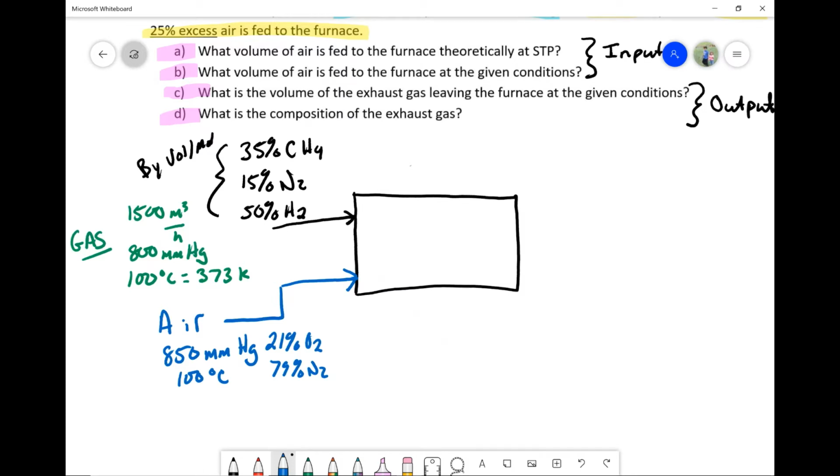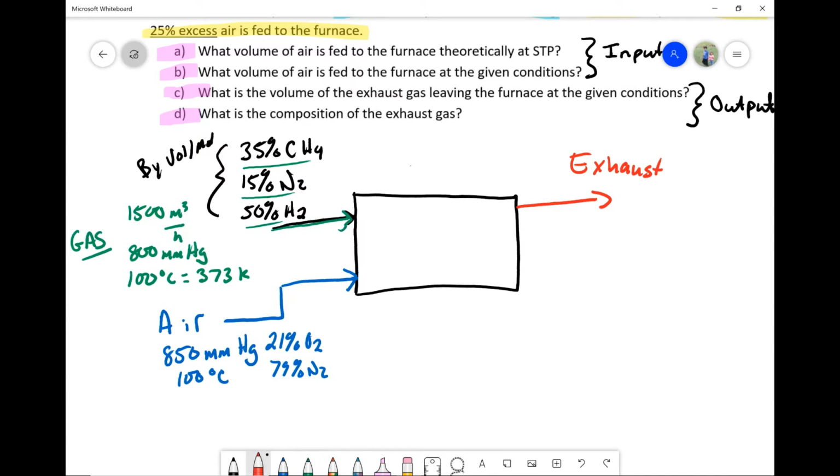We also have an exhaust gas, and I'll go ahead and use red for exhaust. And I should have used green all the way for our gas, so let me highlight it green just to make things a little more color coded.